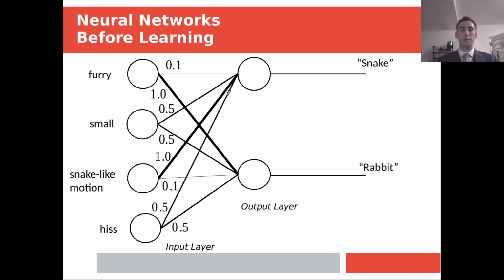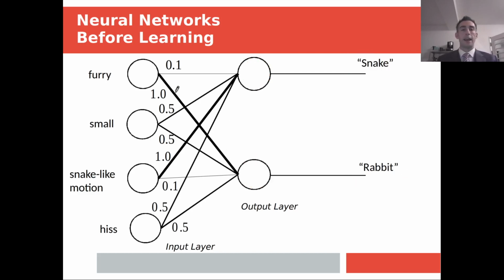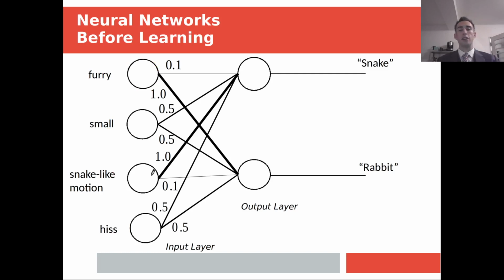And so you can make a little bit more complex network with, for example, two output neurons representing snake and rabbit, or something else that's not a snake, right? And the input neurons maybe represent furry, small, snake-like motion and hiss. And we can imagine some starting condition, just for whatever reason, you have connections that have these weights.